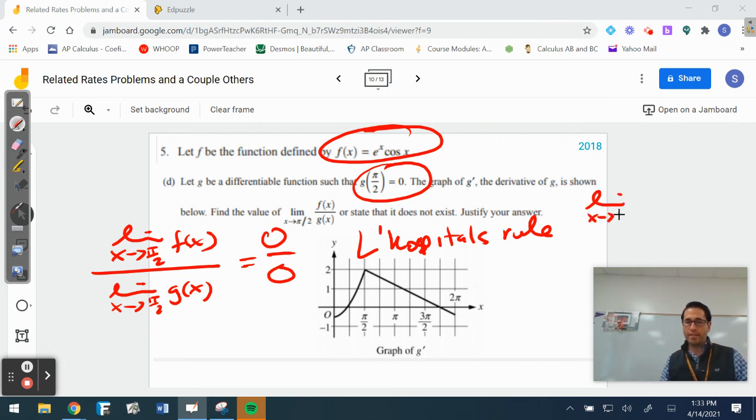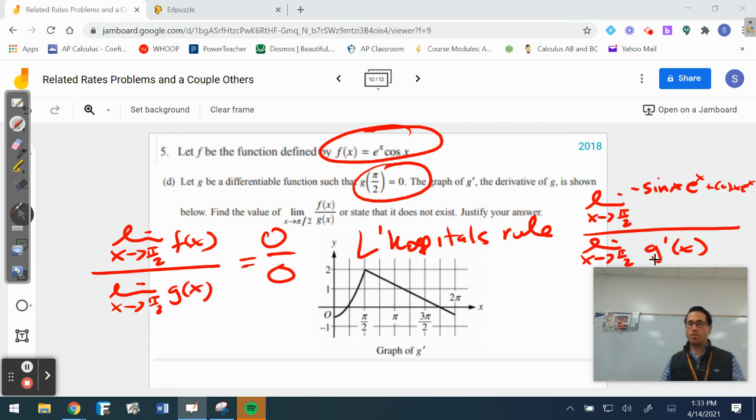Well, we take derivatives, okay? I'm going to take the derivative of the top, which we've already done. It's negative sine x e to the x plus cosine x e to the x. And then I'm going to take the derivative of the bottom. And remember, I'm going to split it up into a bottom only and top only to save time. What do I get? I get g prime of x. Okay, so now I'm going to use direct sub. In the numerator, I get negative e to the pi over 2.